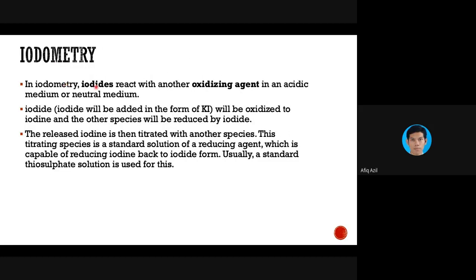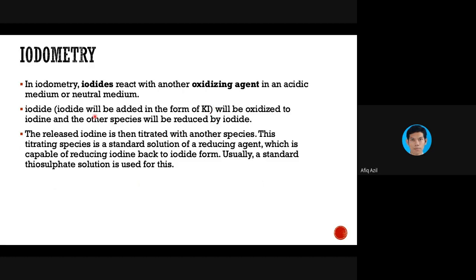Iodide reacts with an oxidizing agent, and the medium can be either acidic or neutral. The iodide, from potassium iodide, KI, will be oxidized to become iodine, so the oxidation number goes from -1 to 0.